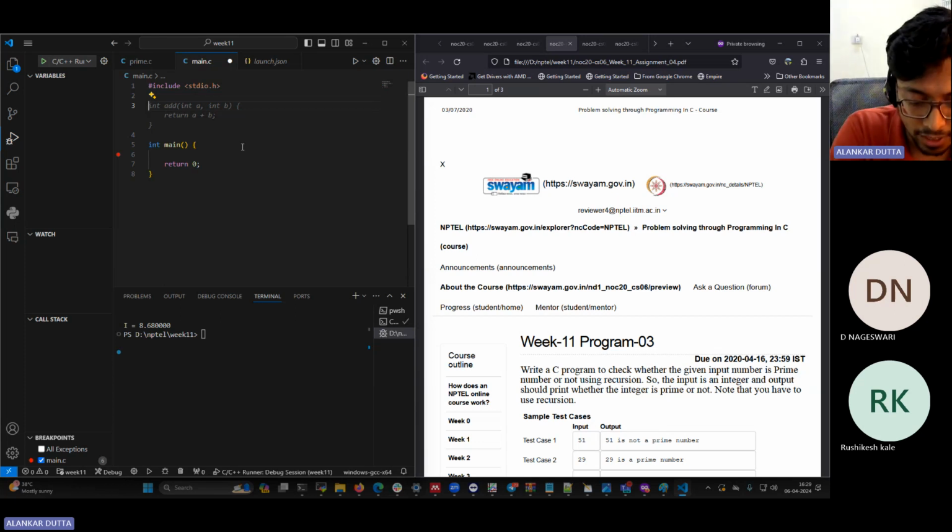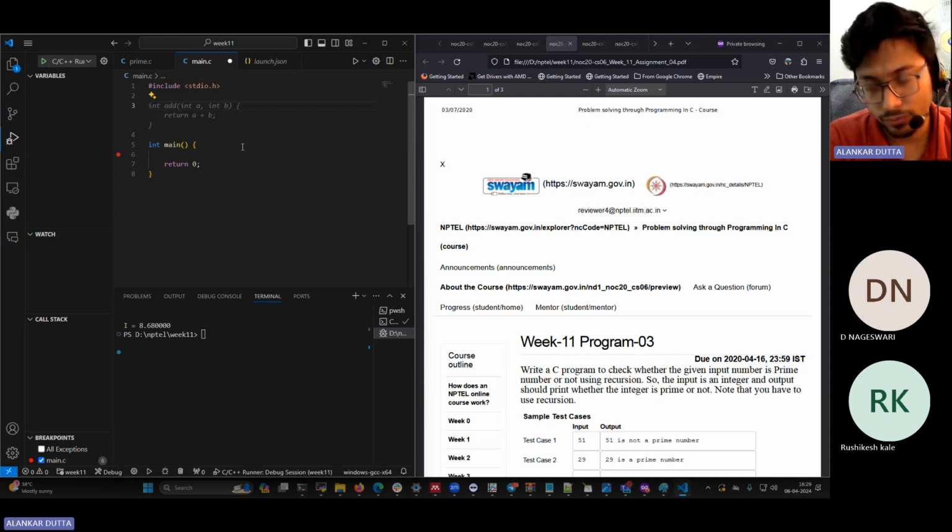But if none of the values from 2 to root n is able to divide your number, then you know that this is a prime number. This is one of the simplest ways to do this using for loops, but since we are using recursion, we will keep on increasing the value of i, which we are going to divide the number by, and check for the modulus.